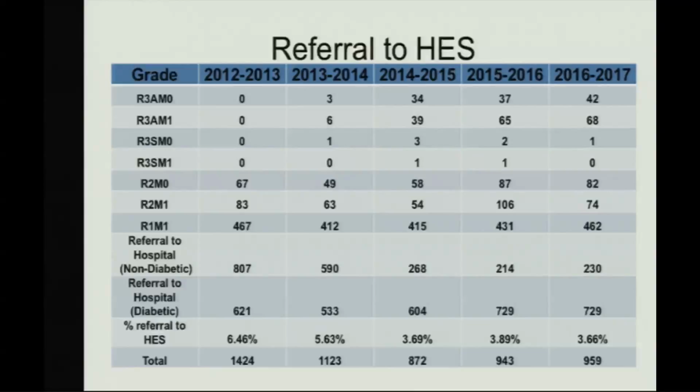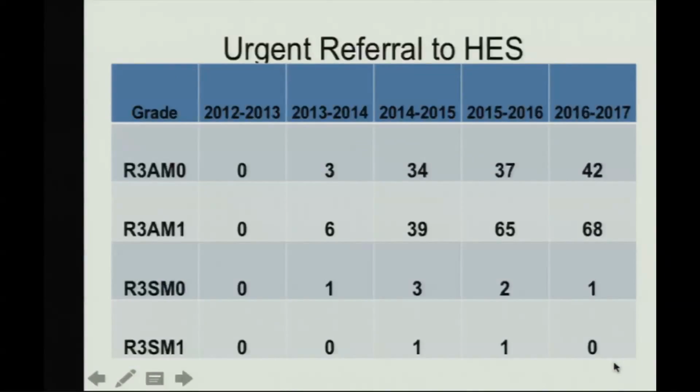This is the referral to the hospital eye service, quite a detailed slide. The main thing is that it includes all the referrals to the hospital, non-diabetic as well as diabetic. The total number is 1424, which is 6.46% in 12-13, and in 16-17 it came down to 3.66%, about 959 patients. This is the breakdown of urgent referrals to the hospital eye service with gradings.